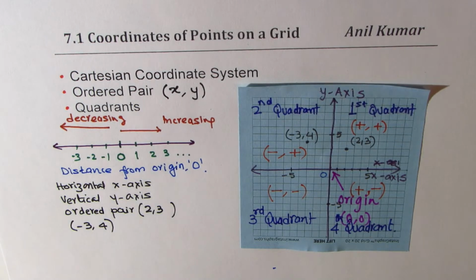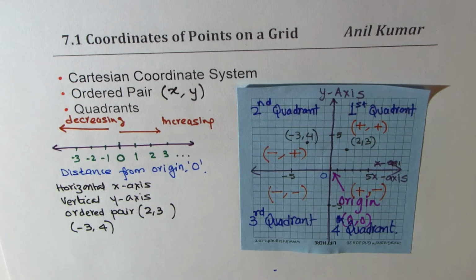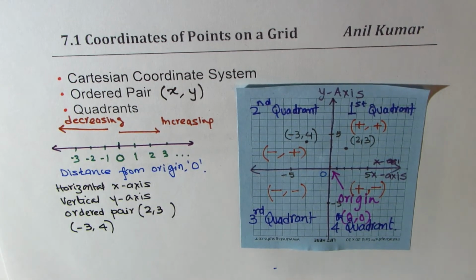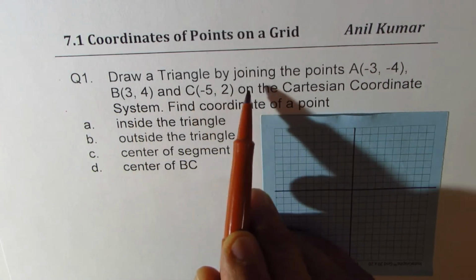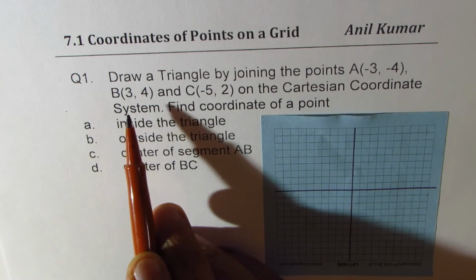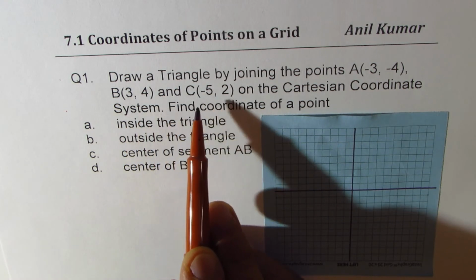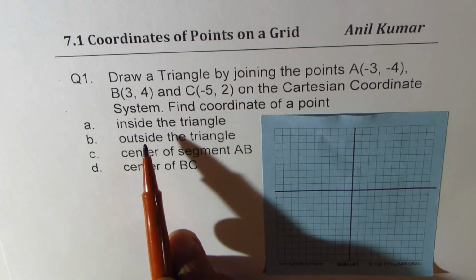Now, let us take few examples and master what we have learned about Cartesian coordinate system. Here is the very first question for you. You need to draw a triangle by joining the points A (-3, -4), B (3, 4), and C (-5, 2) on the Cartesian coordinate system.